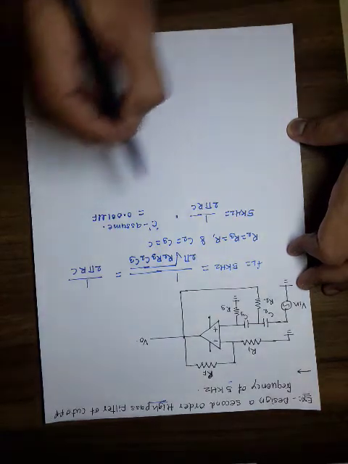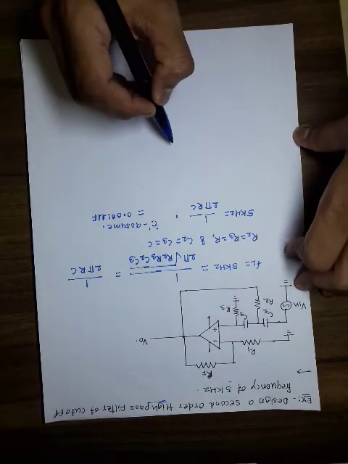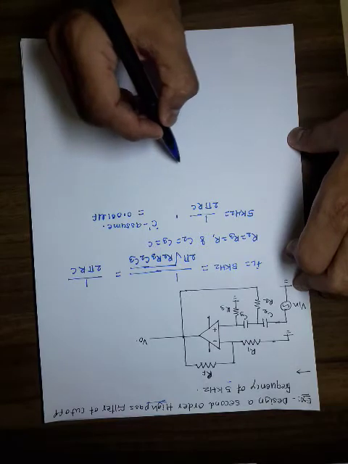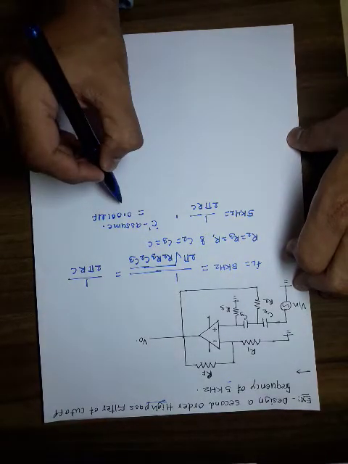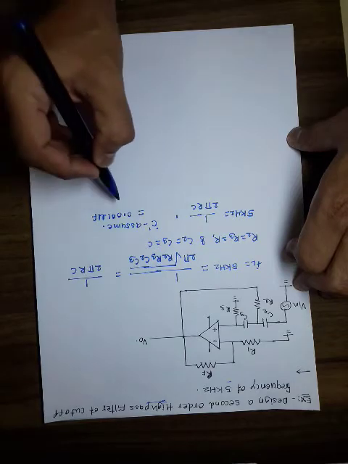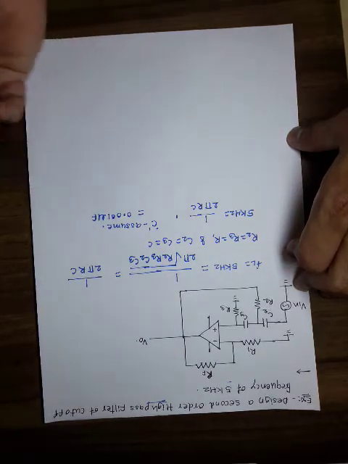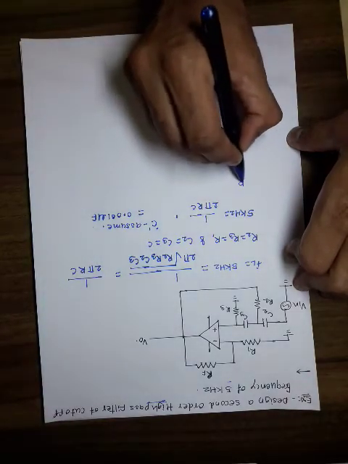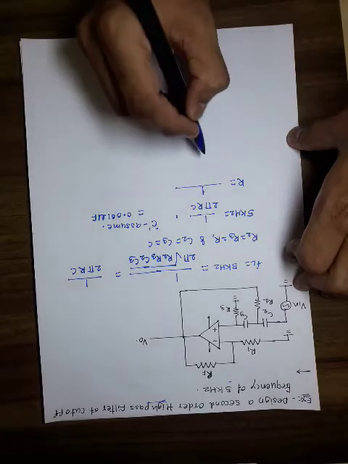You can select any value of C, but take care that it is less than or equal to 1 microfarad. In this case I select 0.001. You can select 0.1 microfarad, 0.01 microfarad, 0.0047 microfarad, whatever.